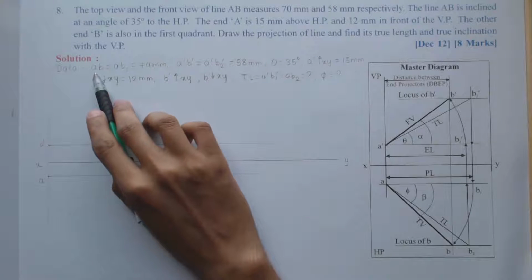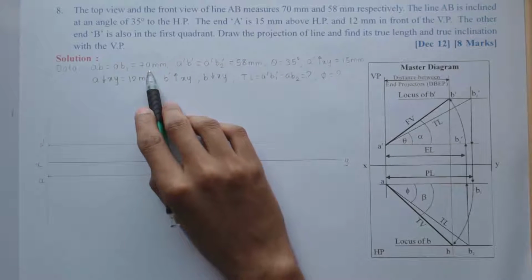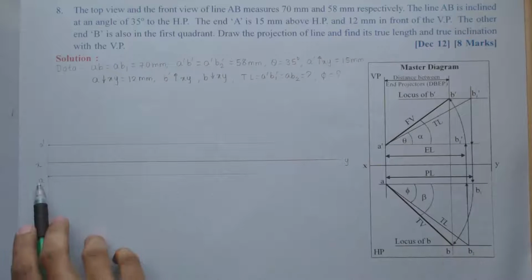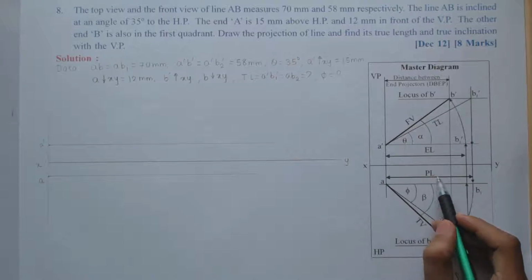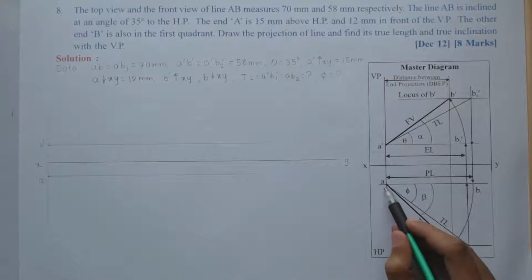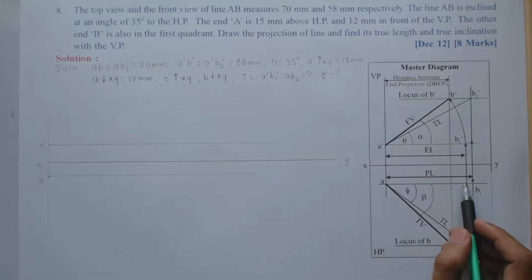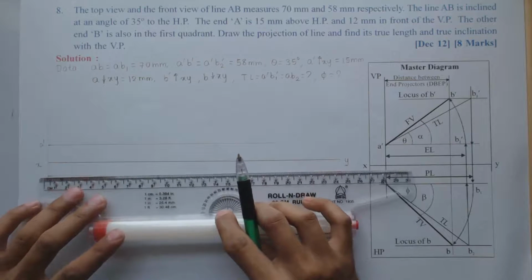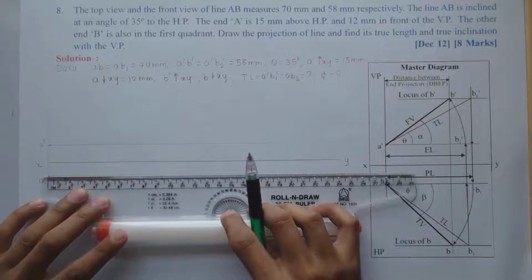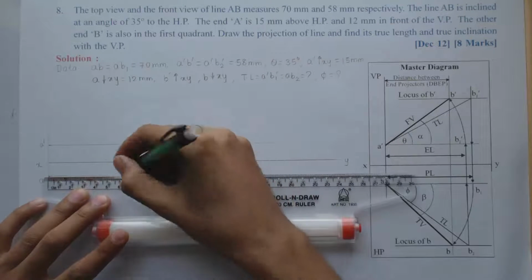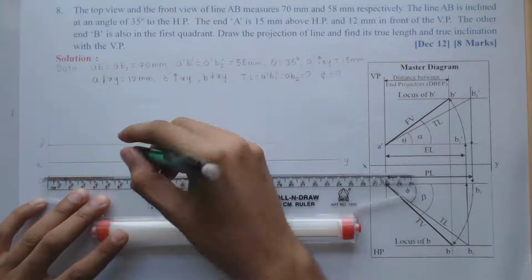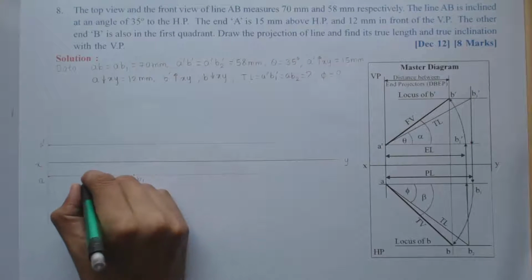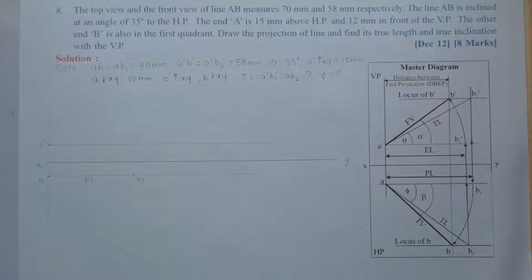So top view length is 70 mm. So on this horizontal line AB passing through A, I can mark the plan length which is equal to the top view. So I can first mark AB1 which is equal to 70 mm on this horizontal line. So first starting with A on the horizontal line, I can mark the distance 70 mm to locate B1. So obviously AB1 is giving me the plan length.